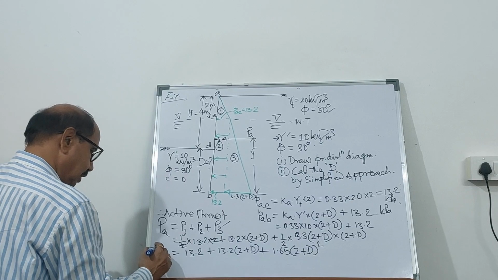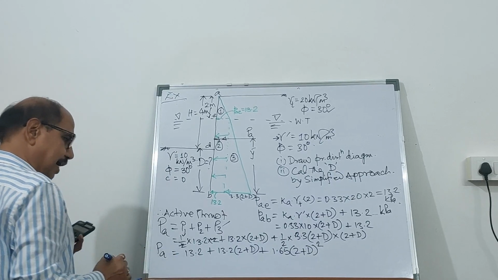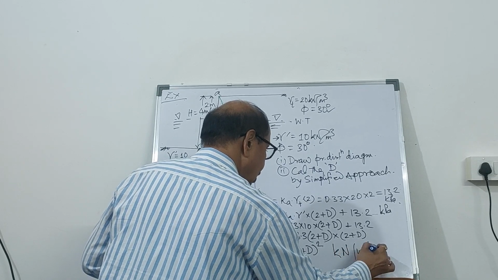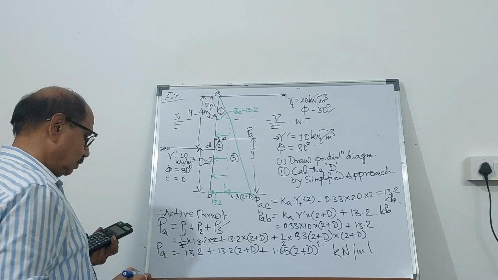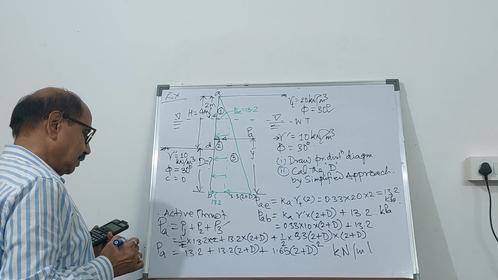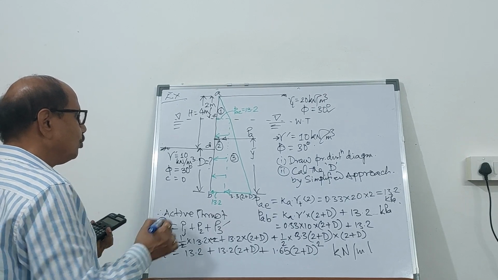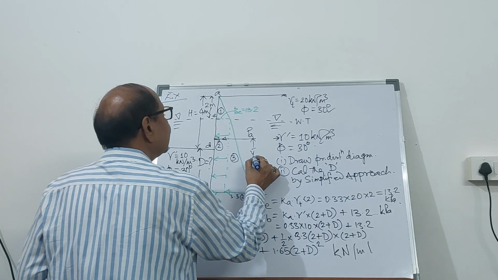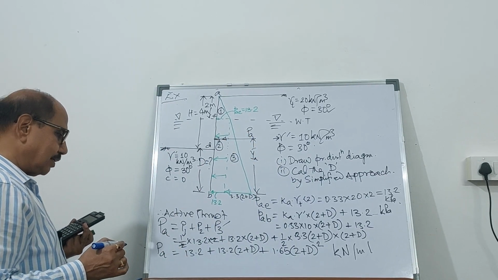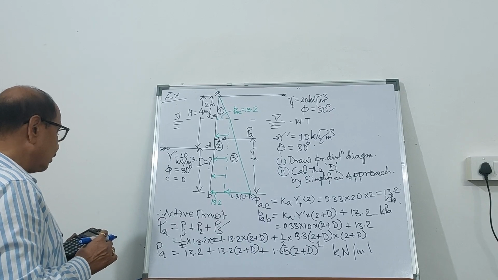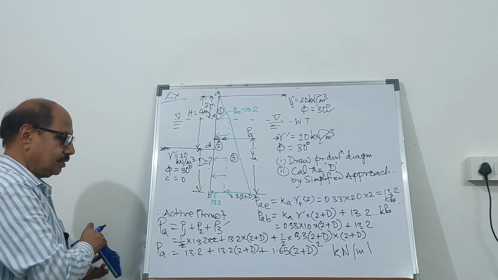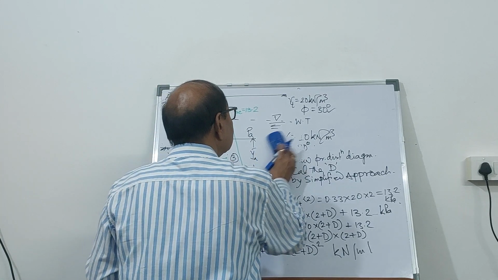So this is the magnitude of PA in kilonewton per meter length of the sheet pile wall. So PA is known to you in terms of D. Now, if you want to find out the line of action, YA bar, that you can easily calculate. So let's do that. So YA bar, you can calculate it.